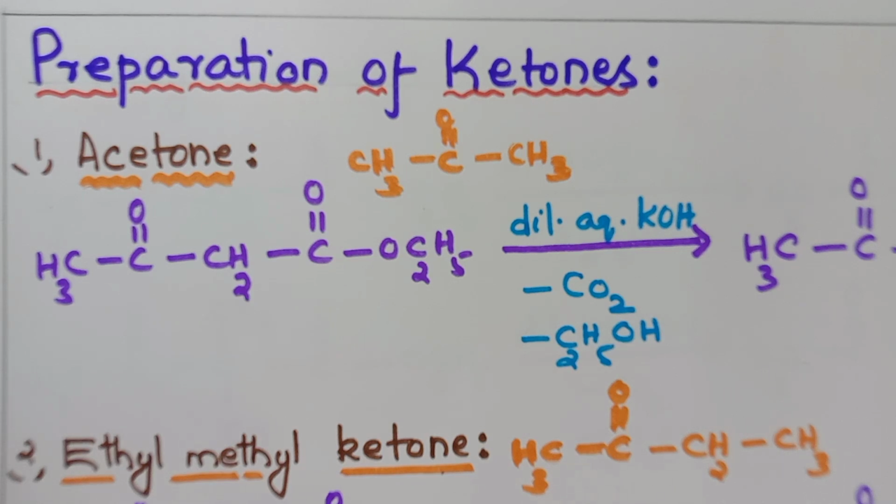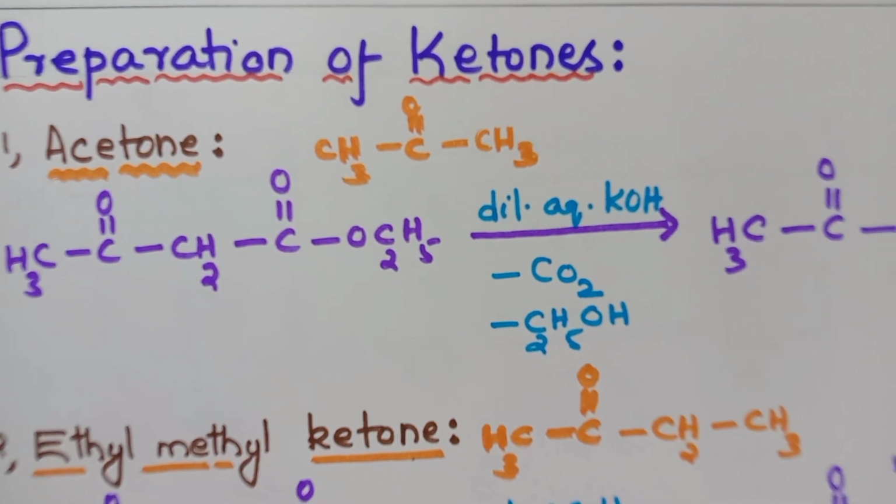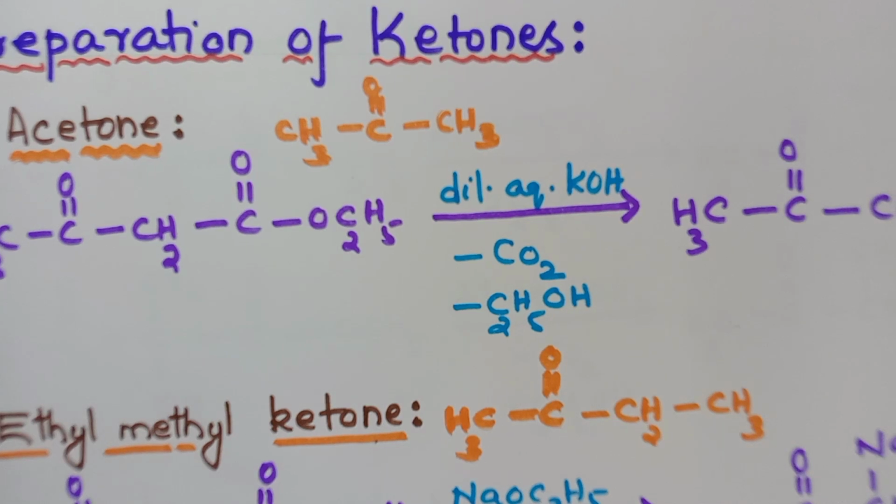There we have seen how hydrolysis has taken place. Here, under preparation of ketones, the reagent used for hydrolysis is dilute aqueous KOH. Look here on the arrow, I have written dilute aqueous KOH.